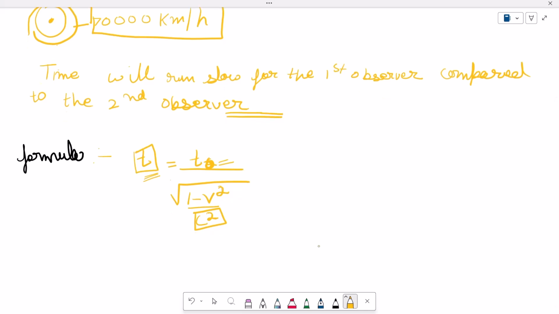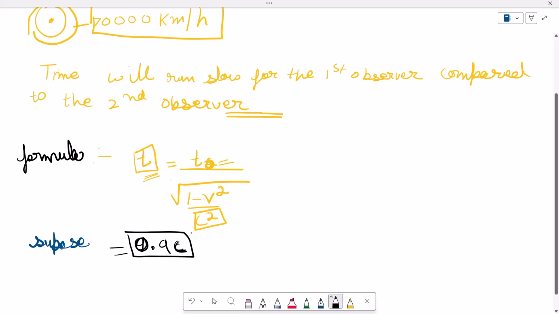Let's understand it by an example. Suppose you are traveling in a spaceship at nearly 90% of the speed of light. How do we denote 90% of the speed of light? We denote it as 0.9 c, and this is the speed, which here is the velocity.